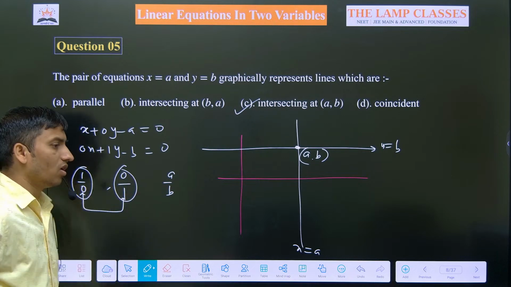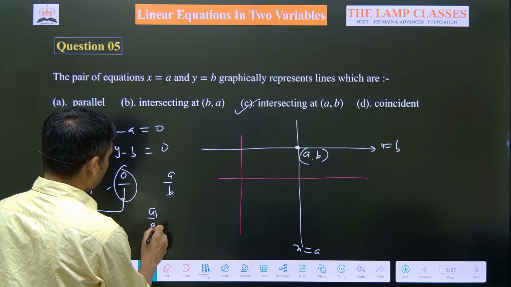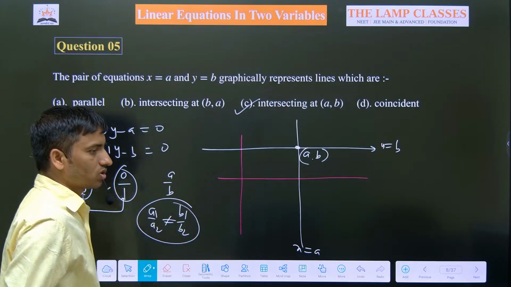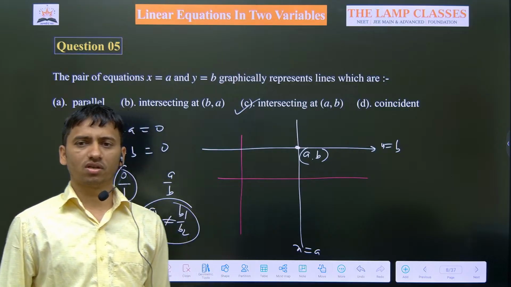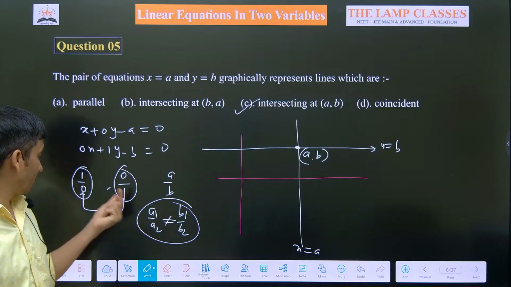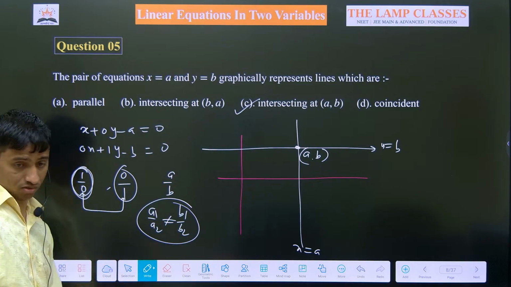Because we know that for unique solution or intersecting lines, a1 upon a2 should be not equal to b1 upon b2 only, okay? Whatever happens to c1 upon c2 does not change the nature of the solution. Are you getting? So that's why by this also you could have told, but problem actually is 1 upon 0, right? You would say it's meaningless, which is true also.